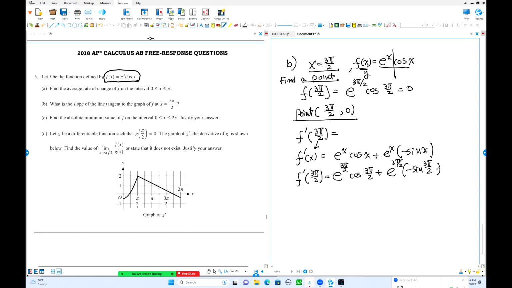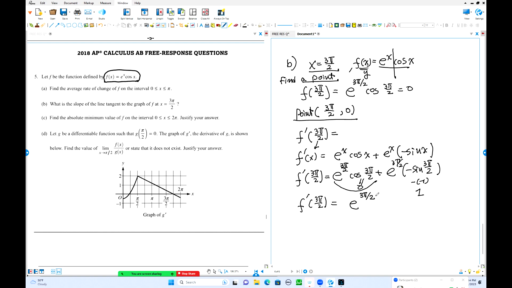Cosine 3 pi over 2 is 0, and 0 times anything is 0. But sine 3 pi over 2 is negative 1, and minus negative 1 is positive 1. So f prime of 3 pi over 2, which is the slope, will be positive 1 times e to the 3 pi over 2.